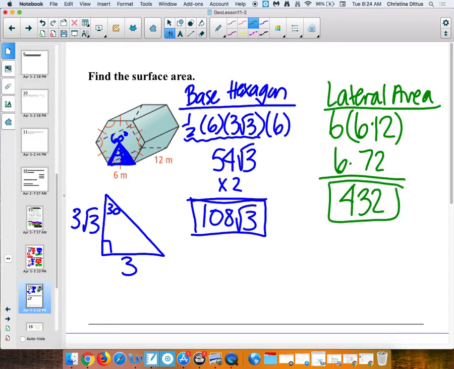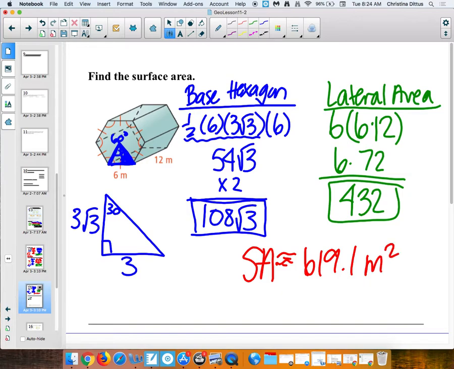When you find your surface area, you are going to need to add these together. So take 108 times the square root of 3, then plus 432. You should get about 619.1. I would make sure you get that.